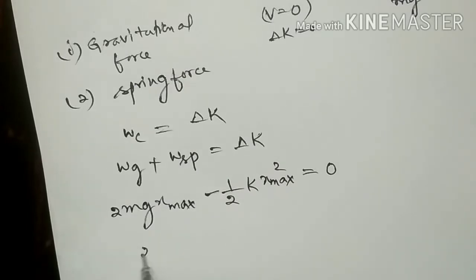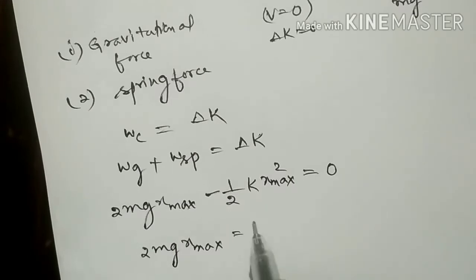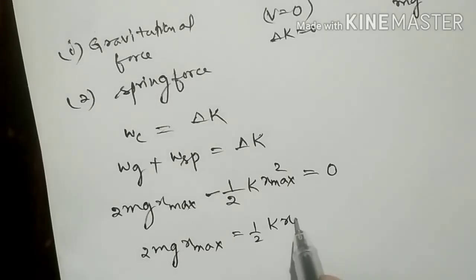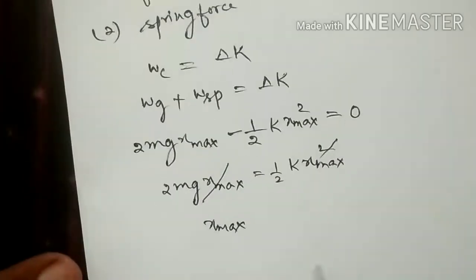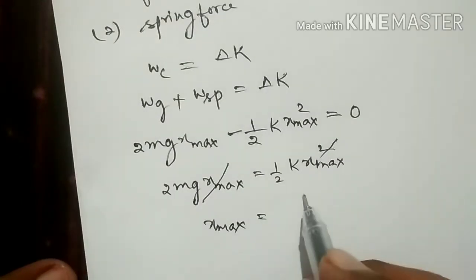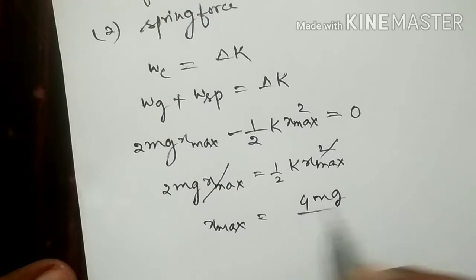So now you can write 2mg x maximum is equal to half k x maximum square. So one x maximum and x is cancelled. So you can write x maximum is equal to 2 2s are 4 mg by k.